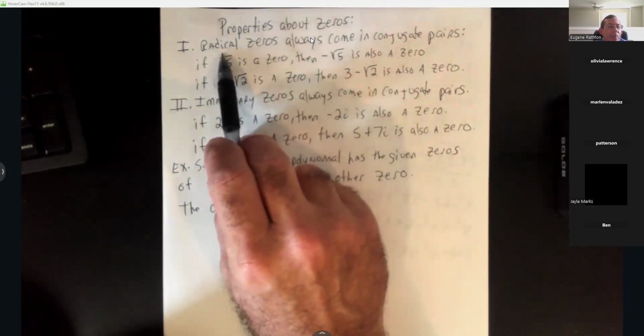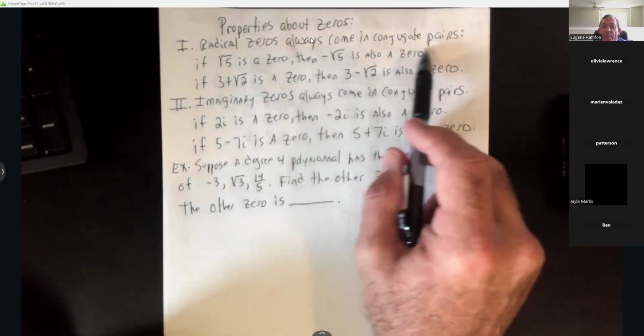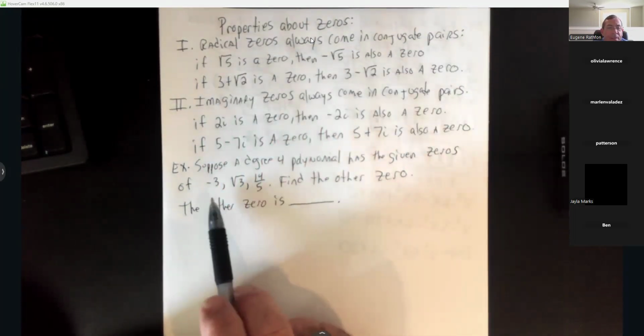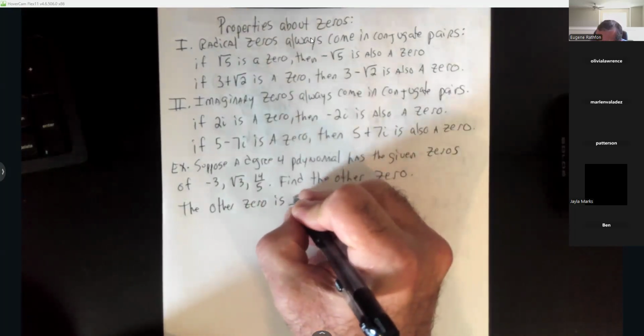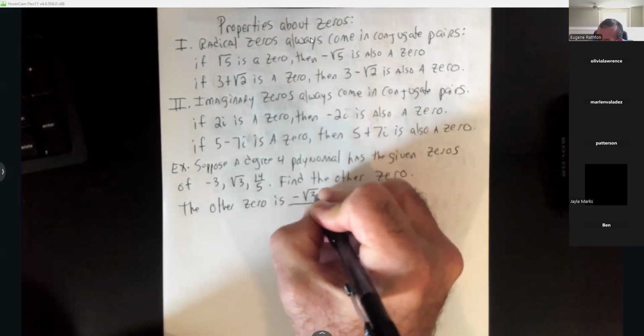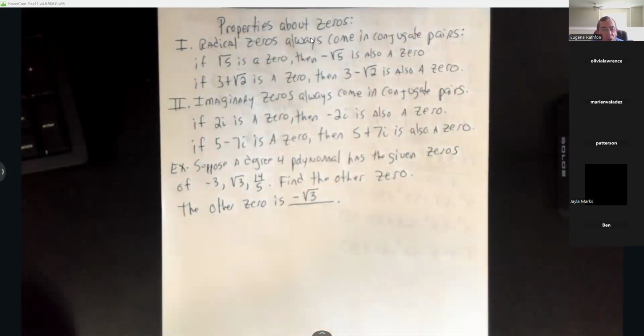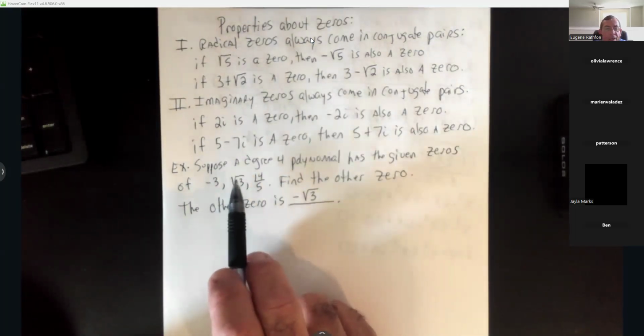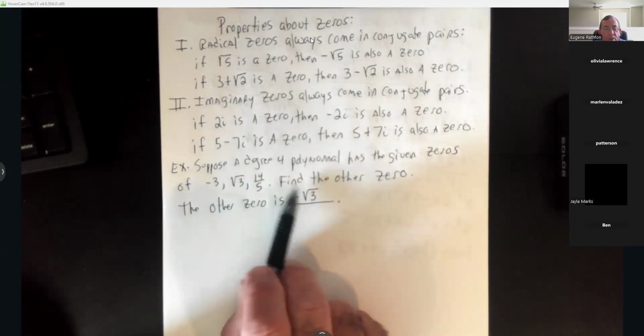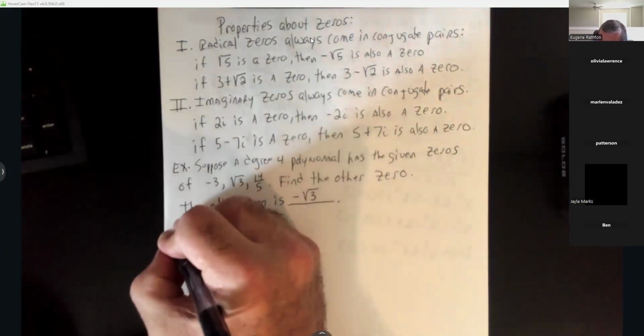And we said up here, radical zeros always come in conjugate pairs. So if square root of 3 is a zero, then that means a negative square root of 3 also has to be a zero. So on that one, you're just going by what they're giving you. And just remember, radicals always come in conjugate pairs.